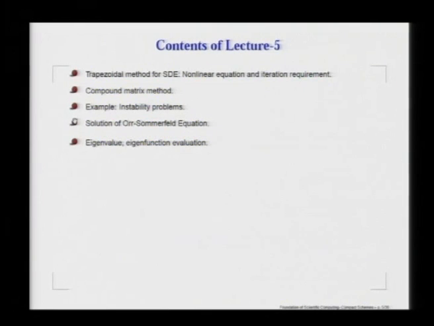This is a fourth order ordinary differential equation, which has been known for its stiffness, and these viscous instability problems would require a special handling, which was a very tough challenge and yielded solutions very efficiently by the compound matrix method. We will talk about the eigenvalues and eigenfunction evaluation by the compound matrix method.